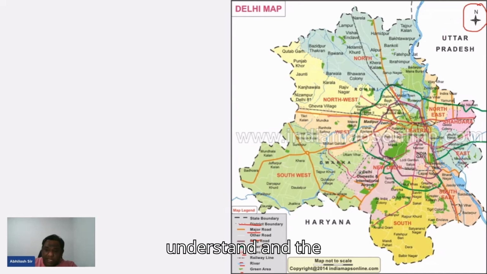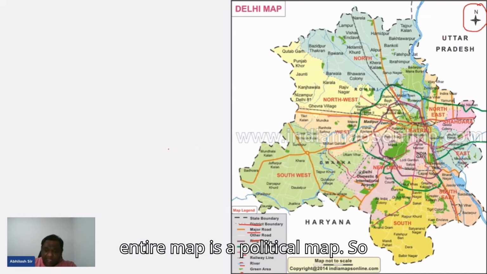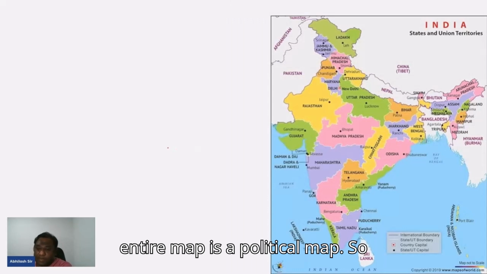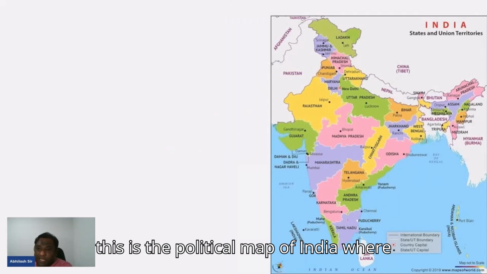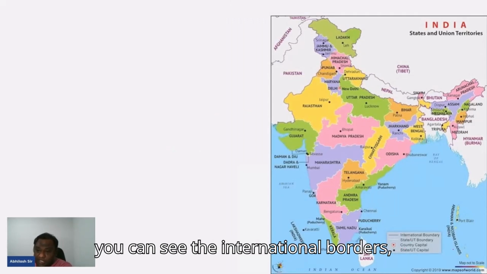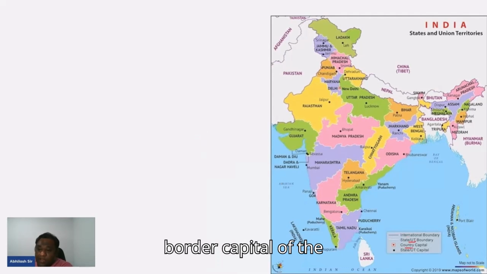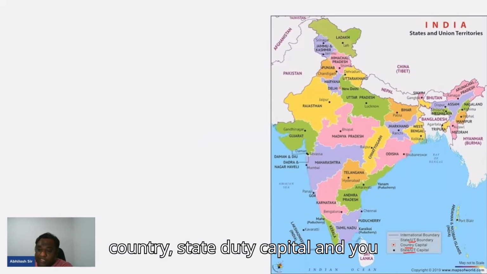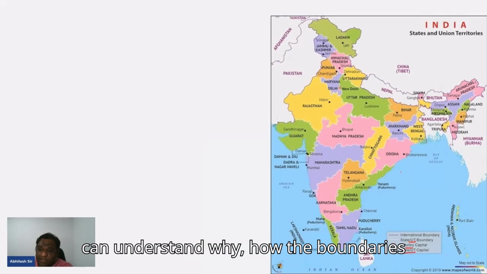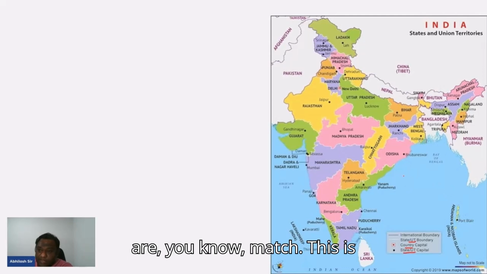You will understand. And the entire map is a political map. So this is the political map of India, where you can see the international borders, the state border, the capital of the country, the state capitals, and you can understand how the boundaries are mentioned.